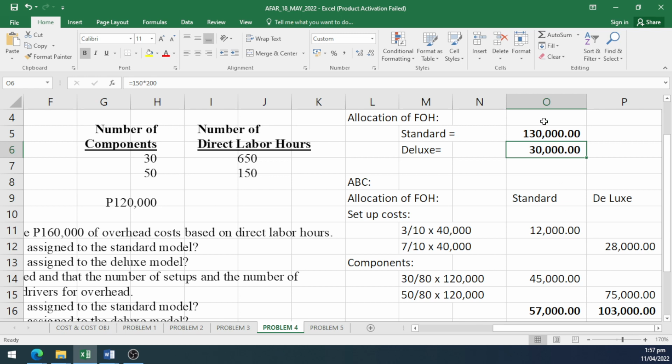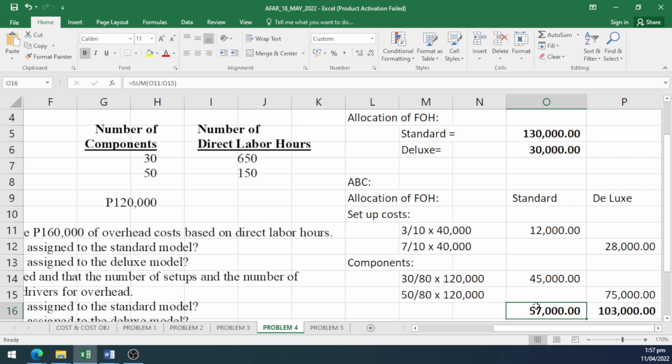Pansinin nyo, class. Standard 130, 57 ABC, traditional 130, ABC 57, yung total overhead under traditional for standard product is overcost ng 73,000. Ang mas accurate kasi dyan, 57,000 eh.